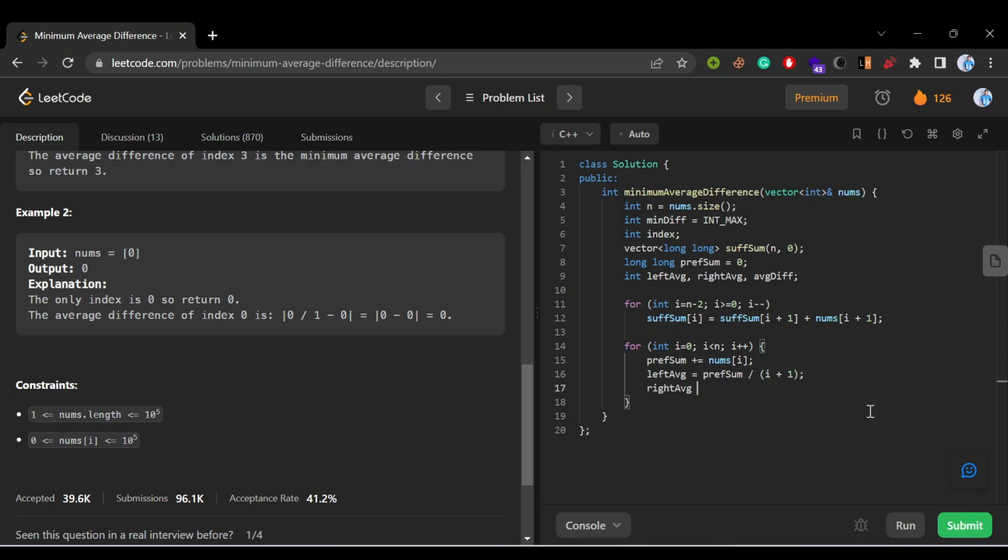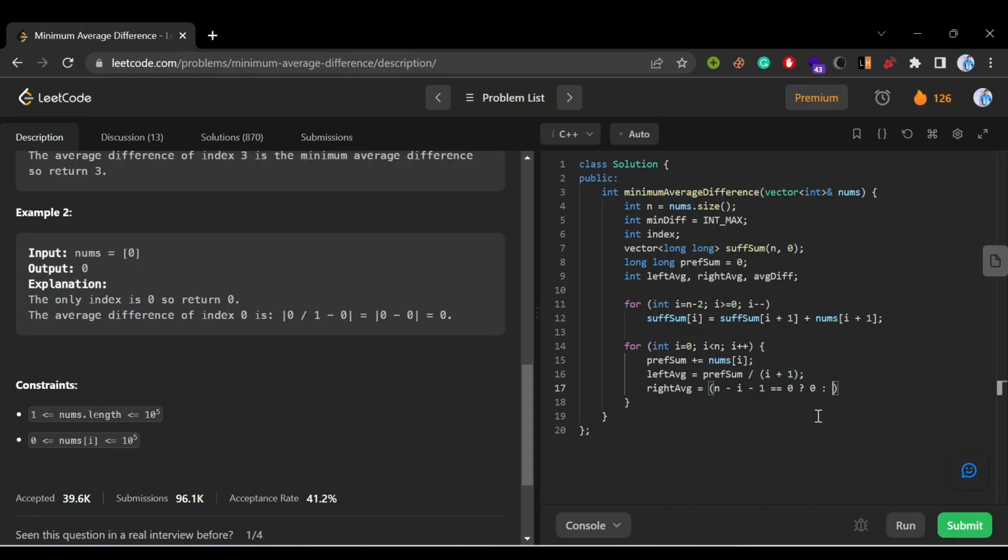And then I need right average. So in right average there's a condition. If n minus I minus 1 is equal to 0, which means it's on the last element, then we need not process it, because then we'd be dividing by 0, and that will create an error. So if it is 0, then just return 0.